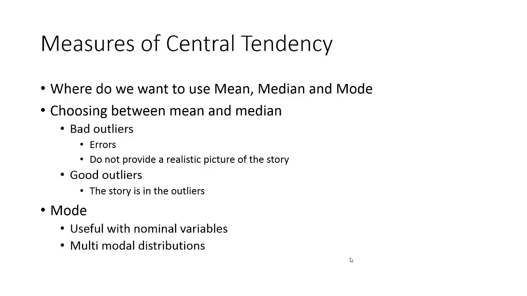Just a second ago I was saying, outliers can either be good or they need not be good, and so it really depends on what we think about the outlier as to whether we choose to go with the mean or median. Obviously, when we think the outlier is a bad thing, it should not be there, or it's not contributing towards a story that we want to tell, then we call it a bad outlier, and you prefer the median in that case.